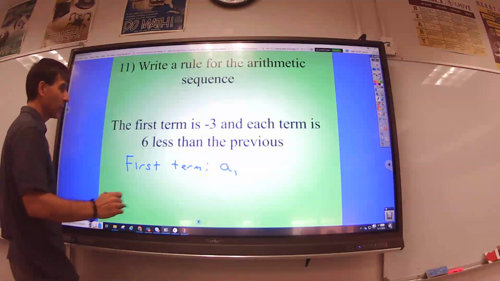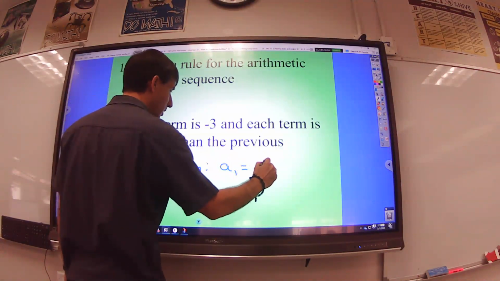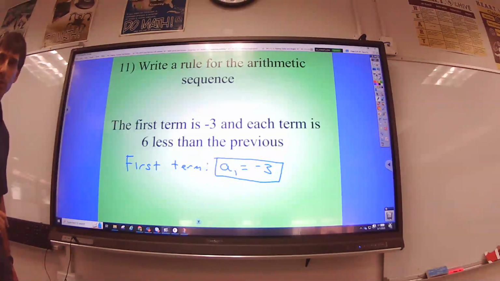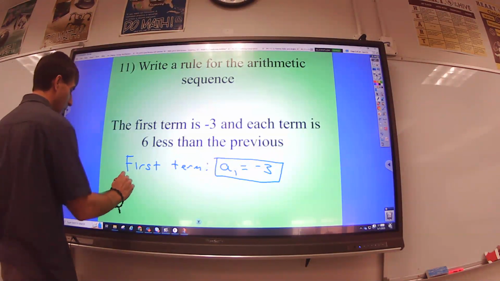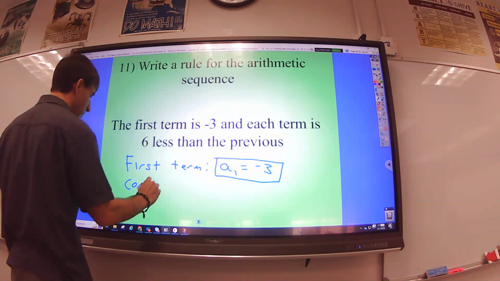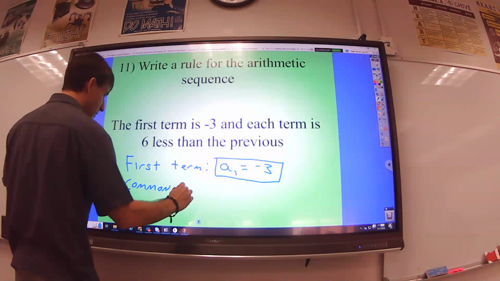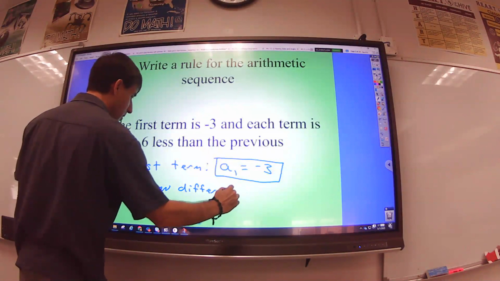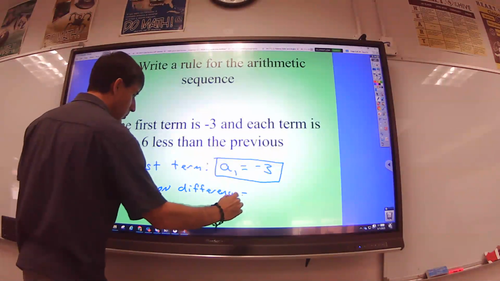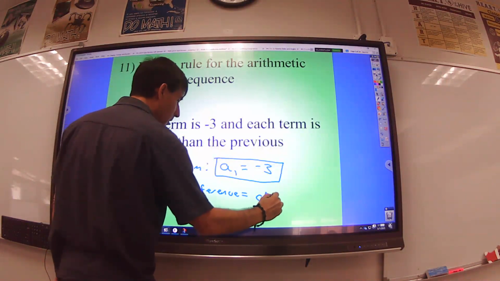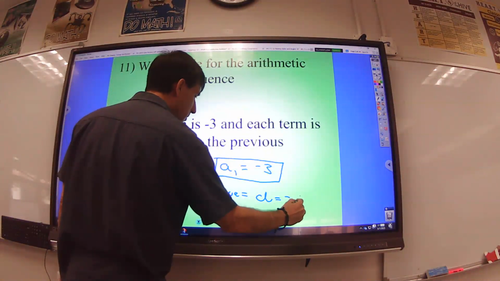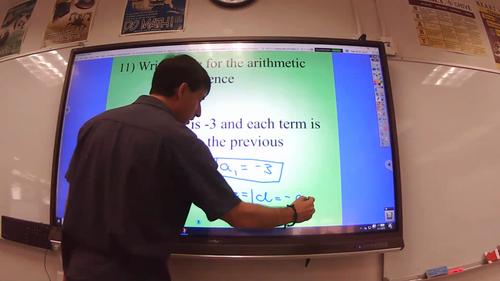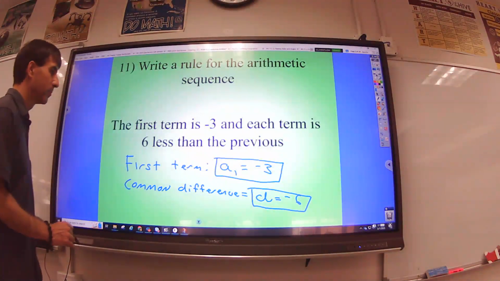Our first term is -3, so a sub 1 is equal to -3. Our common difference is equal to d equals -6. That's what Leilani said. So we got our d, we got our a sub 1.